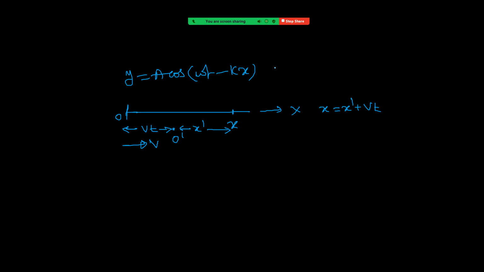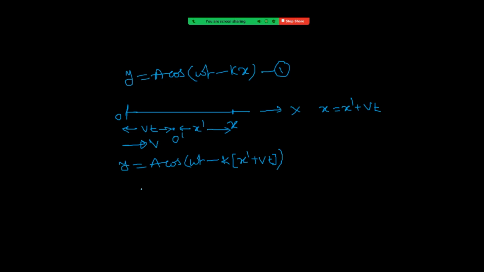Now substitute this in equation 1. y equal to a cos omega t, and in the place of x, I am writing x dash plus vt.